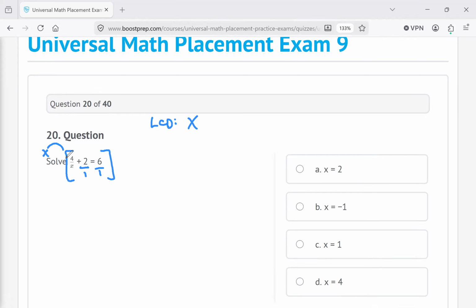So x times 4 over x just replaces with 4, plus 2 times x is 2x, equals 6 times x is 6x. To solve for x, we subtract 2x from both sides. So we get 4 equals 6x minus 2x, which is 4x. Divide this by 4. x equals 1.